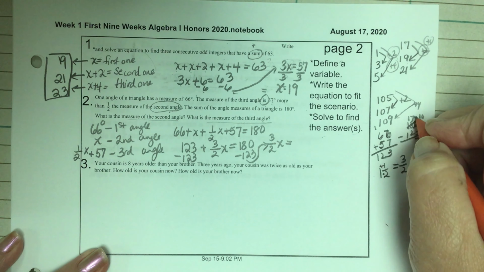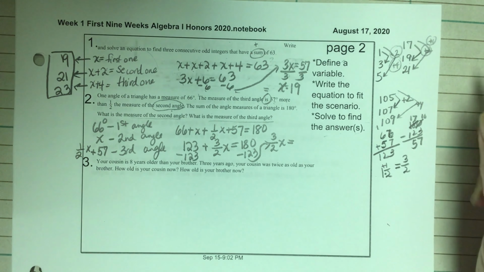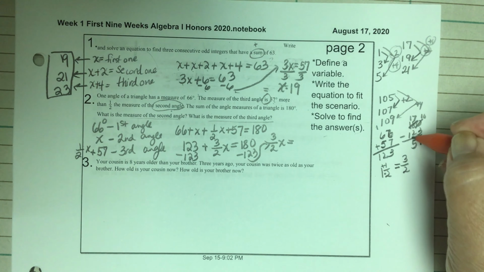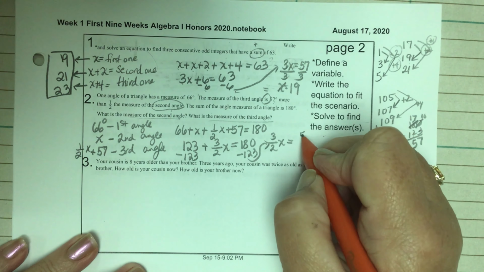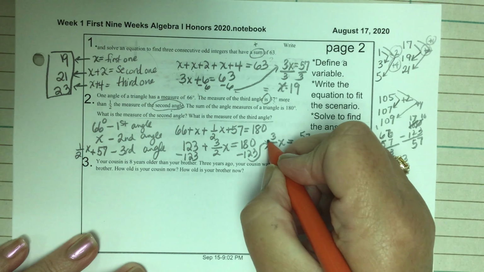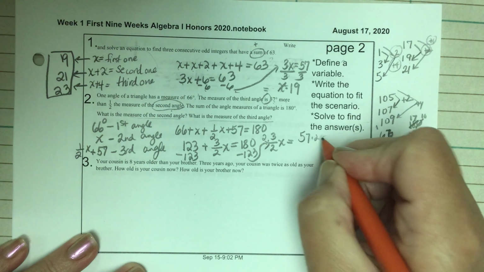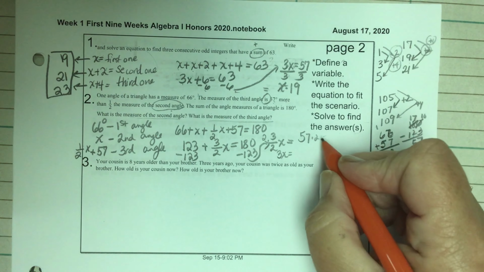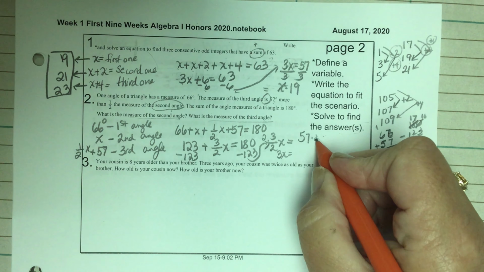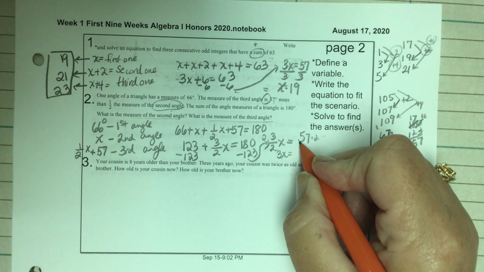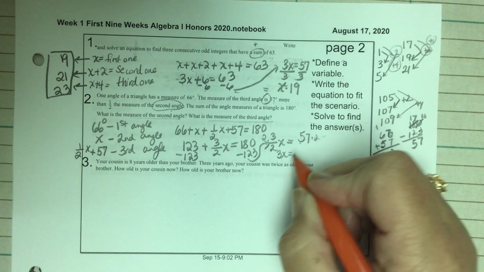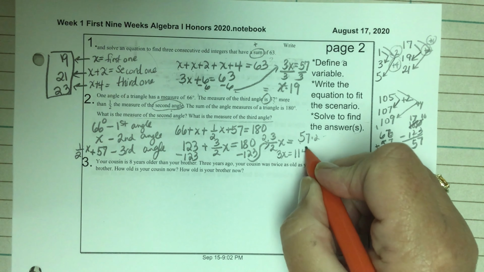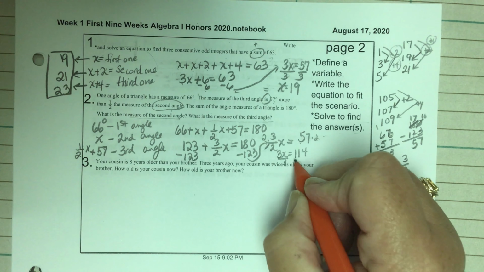So 57. 10, 5, 6, 7, 8. Yes, 57 degrees. Next, I'm going to multiply both sides by 2. Some of you would multiply by the reciprocal. That's fine. 57 times 2, 14 plus 1, so 114. Divide by 3.